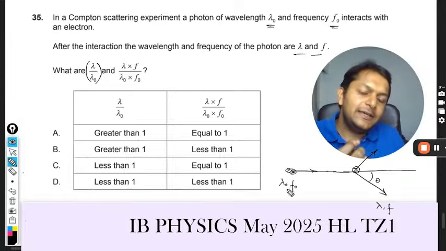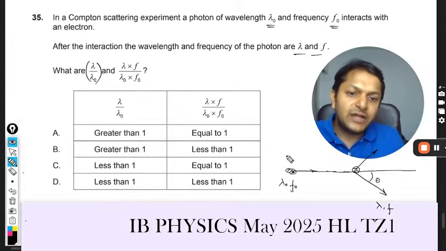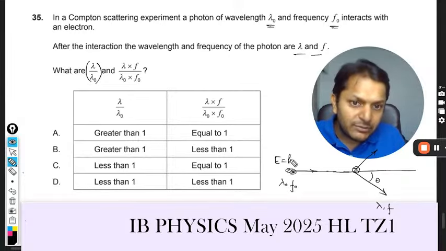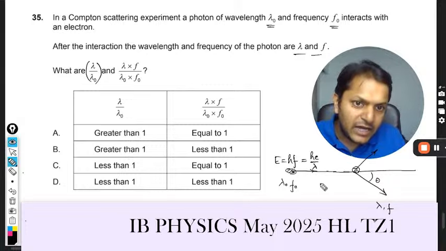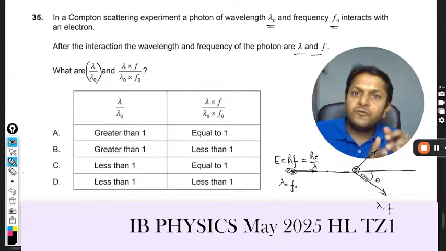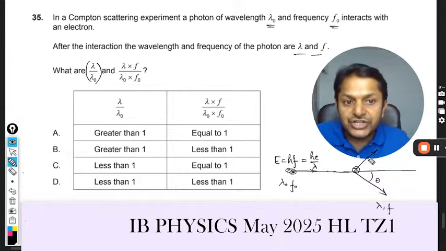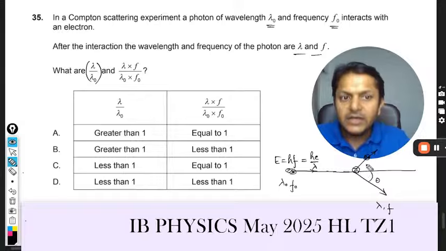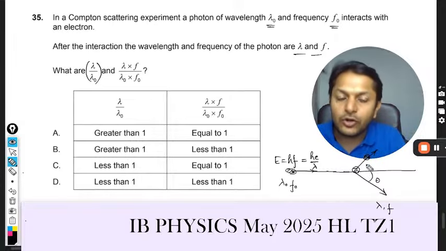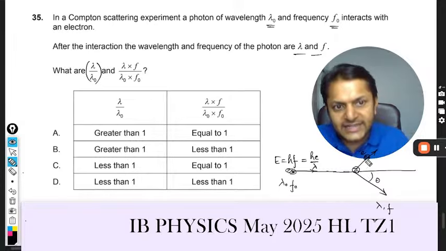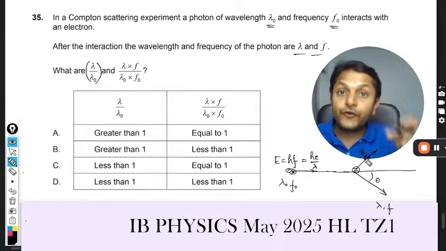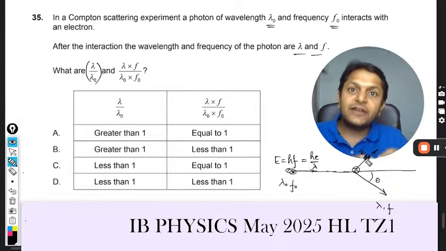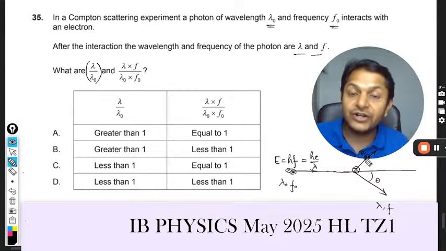Lambda naught is the wavelength, and the photon has some energy, which will be h into f, which can be written as hc by lambda. When it is striking the electron, some energy is given to the electron. So the electron has taken some kinetic energy from the photon. It means the photon now has lesser energy.